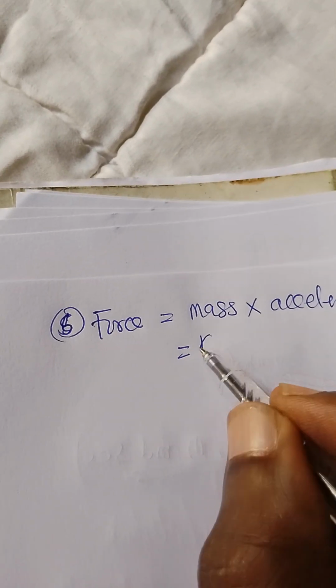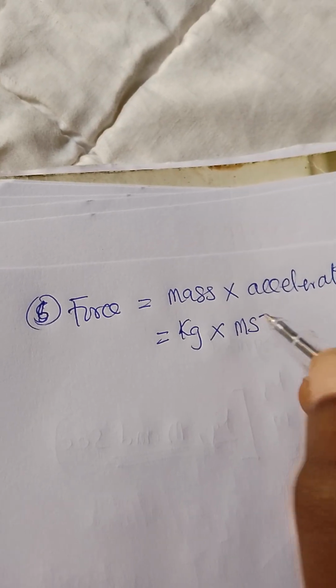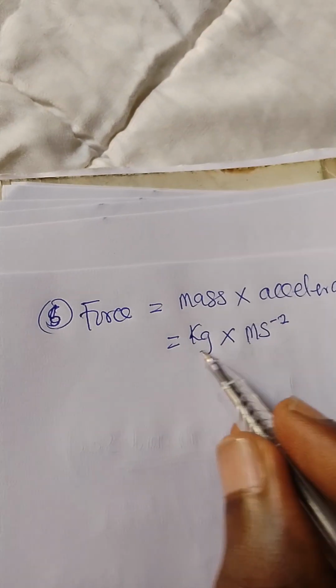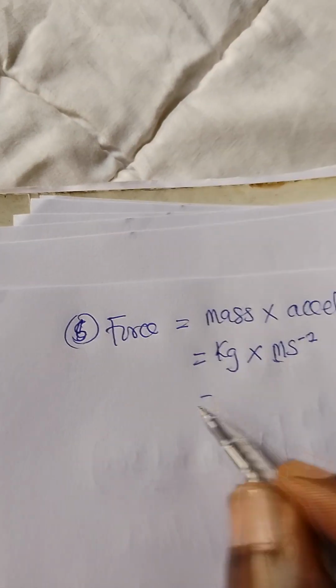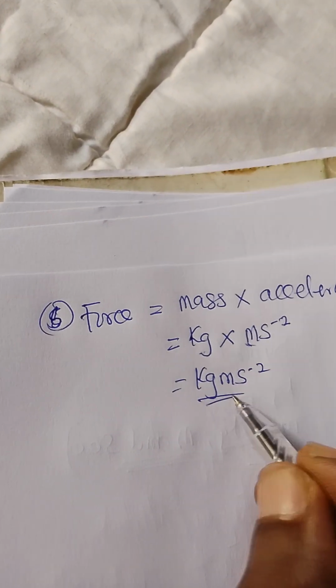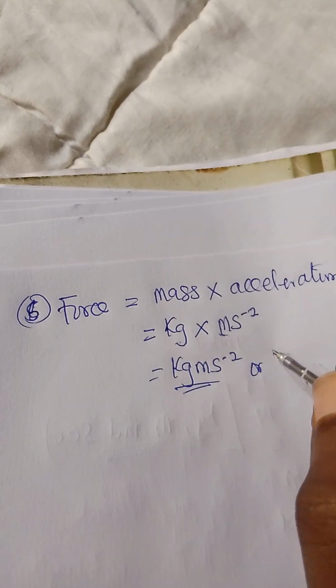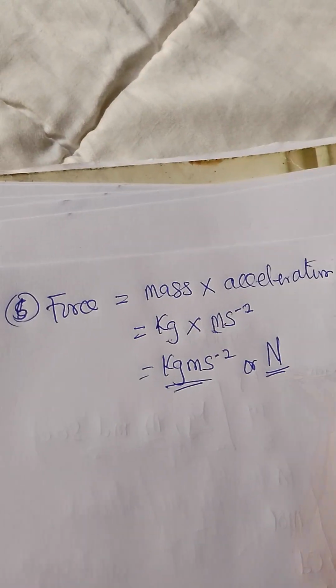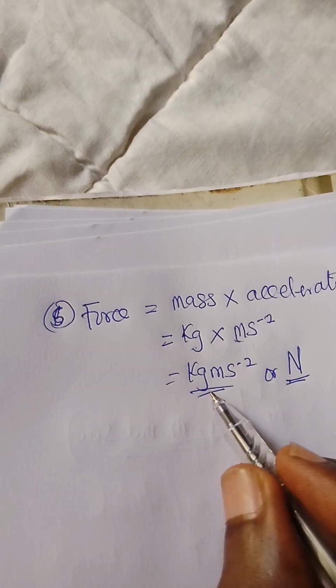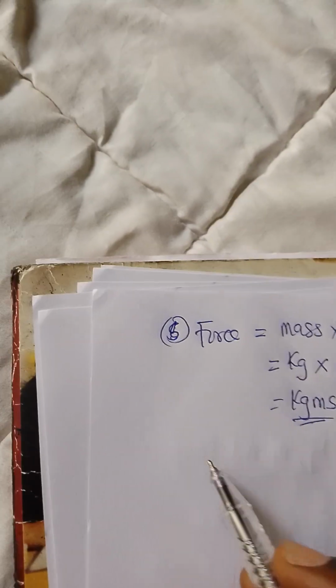Unit for mass is kilogram, times unit for acceleration, meter per second square. If I multiply this with this, I'm going to have kilogram meter per second square. Kilogram meter per second square is the unit for force, or I call it Newton. So I can use this, or I can use this as unit for force, but this is majorly used.